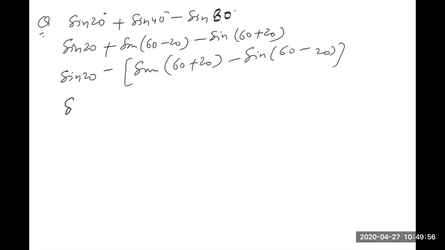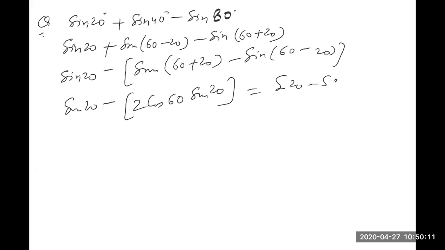So this is how much? Sine 20 minus sine (a plus b) minus sine (a minus b), which is 2 cos a sine b. So 2 cos 60 sine 20. Cos 60 is half. So this will be sine 20 minus sine 20, which is equal to 0.